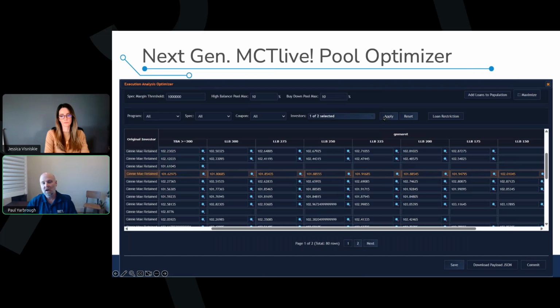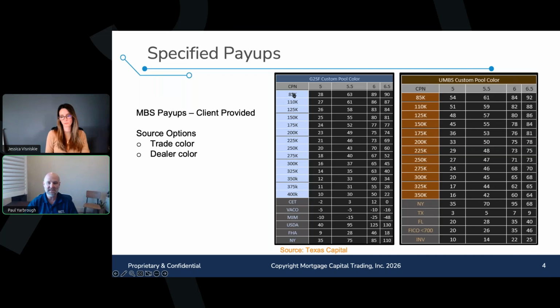So we find that the first problem with any optimization is the price discovery, right? So in price discovery, you could have a loan, and if I just go back one slide, let's just say in an example, I've got an $84,000 FHA loan in New York.